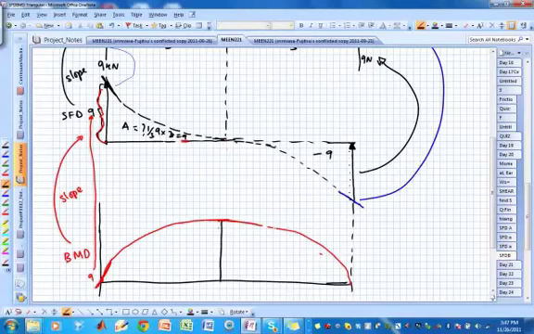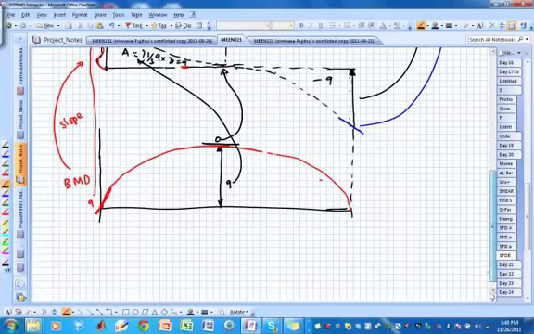This height is 9, which is this area. And the slope is 0, which is this value. So slope of BMD equals value in SFD curve.